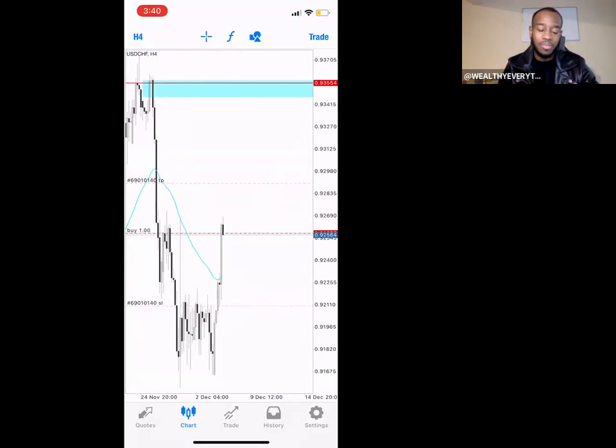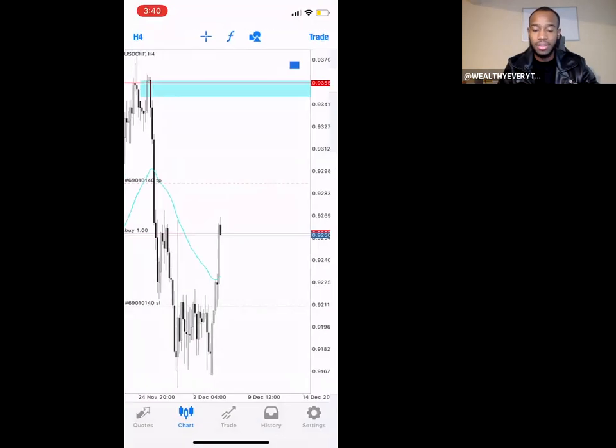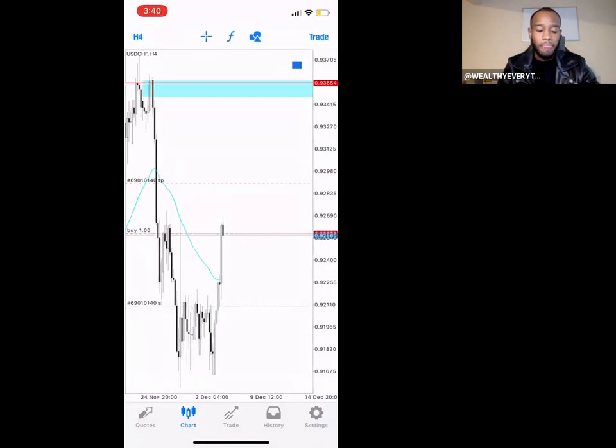Every pip that this price moves is paying $10. The take profit is here at the top, right at this point. That's about 33 pips away, $10 per pip. If this were to reach that take profit before it reaches this stop loss, that would be $330 made, just like that.